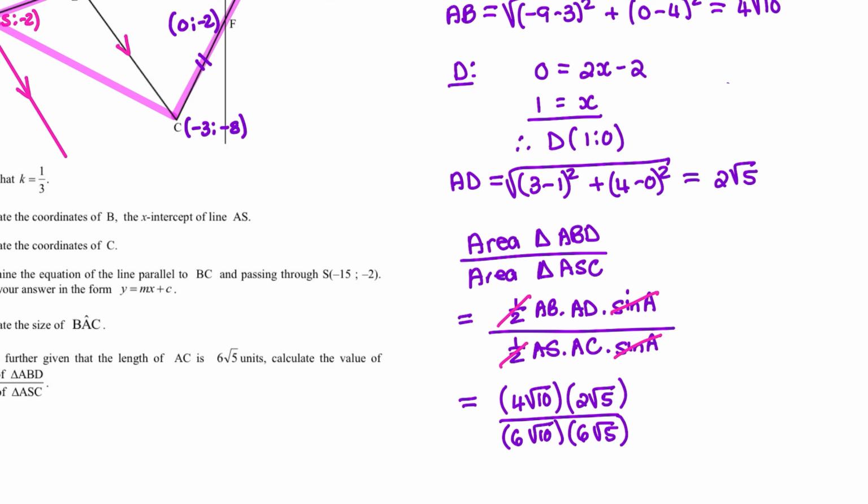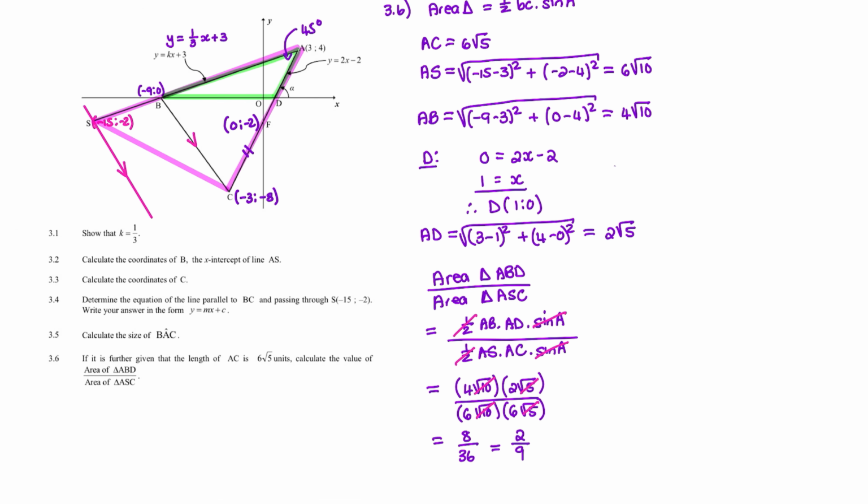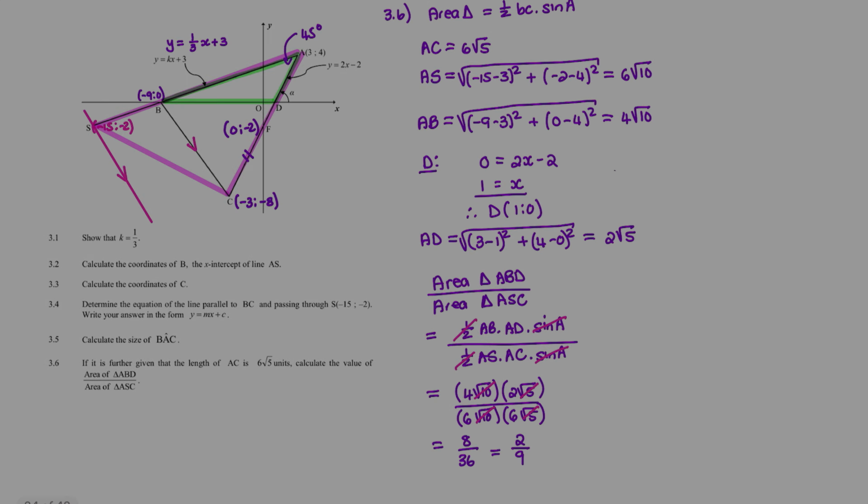You can do that on your calculator, but what I notice is that the roots of 10 will cancel out, the roots of 5 will cancel out, so I'm left with 4 times 2, which is 8 over 36. And when I simplify 8 over 36, it will become 2 over 9. So that's my answer for question 3.6.